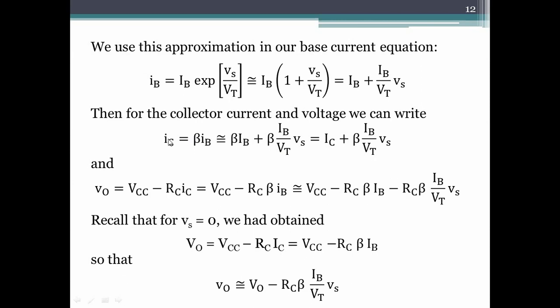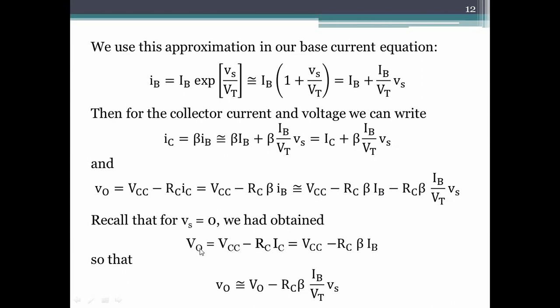Then from IC we can find the collector voltage. The collector voltage is VCC minus RC IC. IC is this, so we substitute that here: VCC minus RC beta, small i_B, which is capital IB plus all this. And we recall, or in fact we can see it from here also, that if Vs is 0, then we get the DC value of VO.